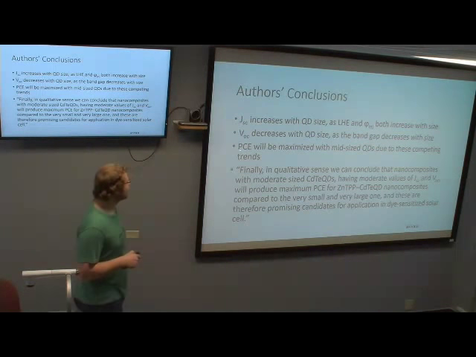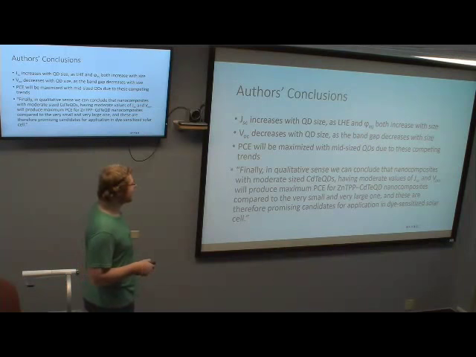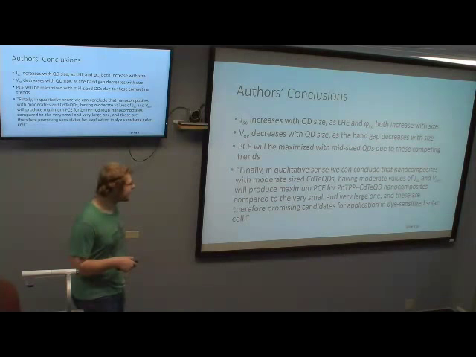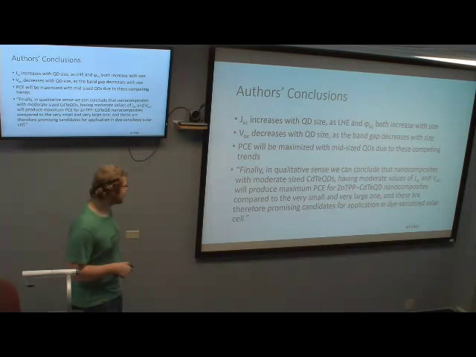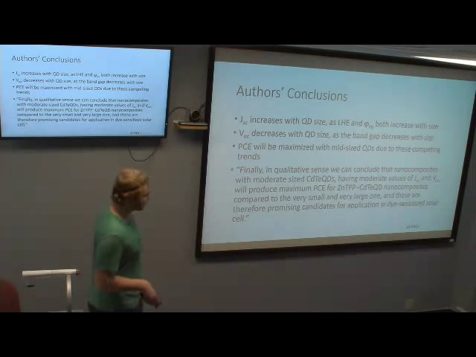And so the PCE will be maximized with mid-sized quantum dots due to these competing trends, and here's a direct quote. Finally, in a qualitative sense, we can conclude that nanocomposites with moderate-sized CdTe quantum dots have moderate values of J and V, will produce maximum PCE for ZnTTP, cadmium, tellurium, quantum dot nanocomposites compared to the very small and very large ones, and these are therefore promising candidates for the application of dye-sensitized solar cells.